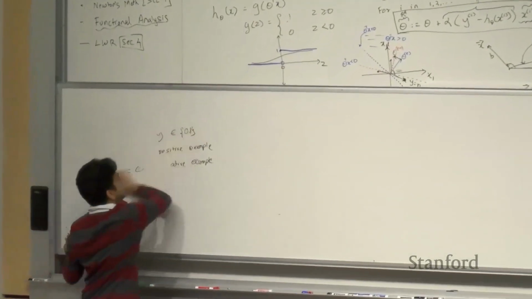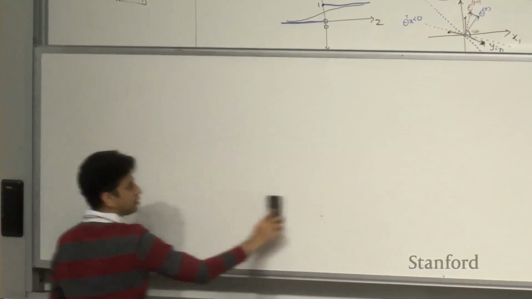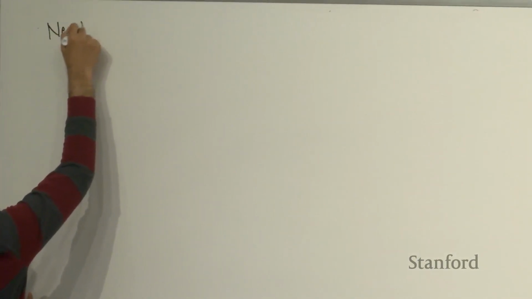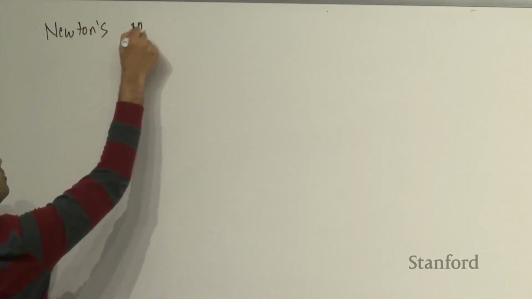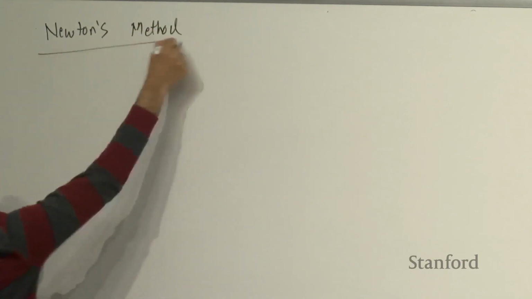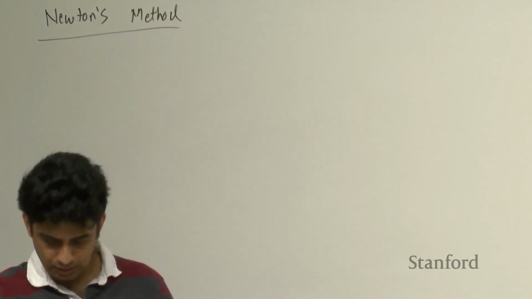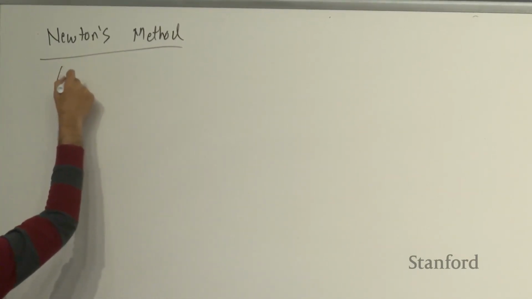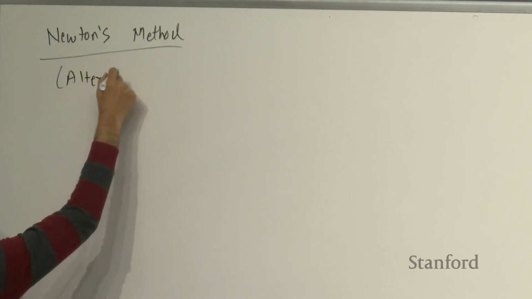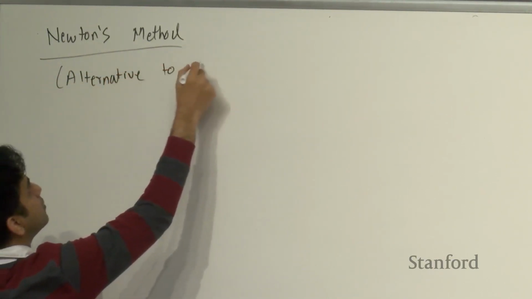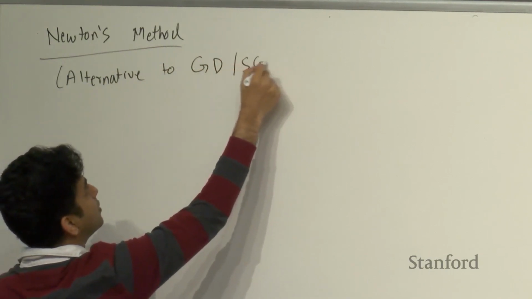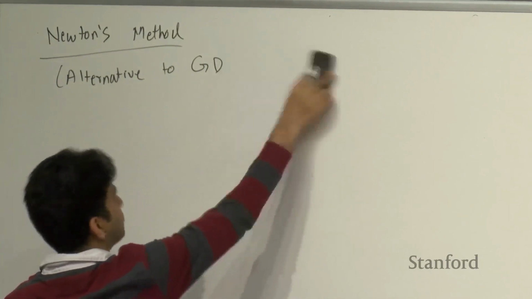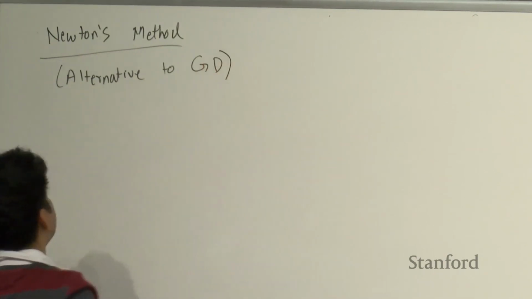Instead, there is another algorithm called Newton's method. Think of this as an alternative to gradient descent or stochastic gradient descent.